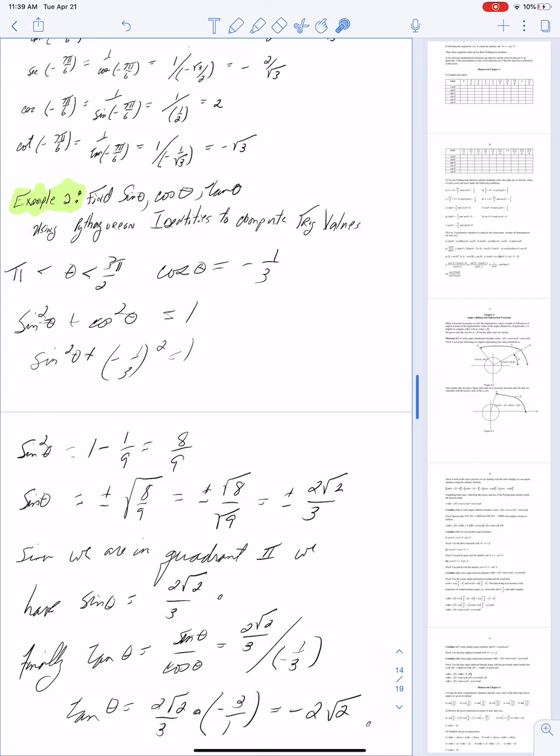Okay, so where does that put theta? Well, it's greater than pi, but less than 3 pi over 2, so I claim that it puts theta, the terminal side, in quadrant 3. Now, in quadrant 3, the cosine is negative. Well, that makes sense because I give you cosine is minus a third, but also the sine is negative in quadrant 3. Yes?